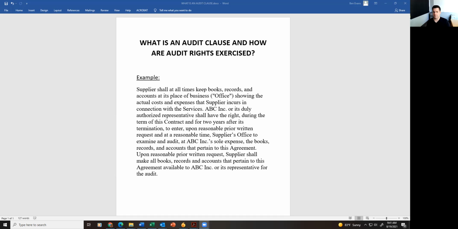Not all master agreements with vendors or suppliers have audit clauses in them. In some cases, an audit can be performed, even if there is not an audit clause in a relationship, because a vendor or a supplier will want to participate in an audit just as a gesture of good faith with a strategic client of theirs.